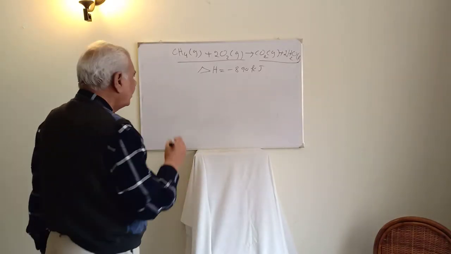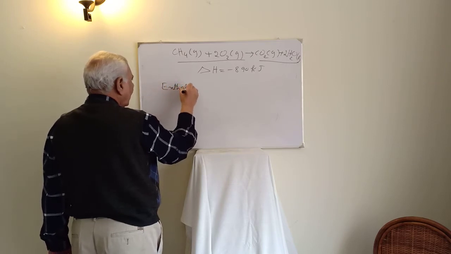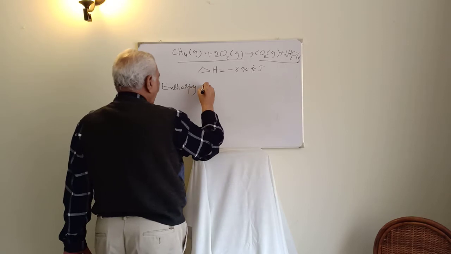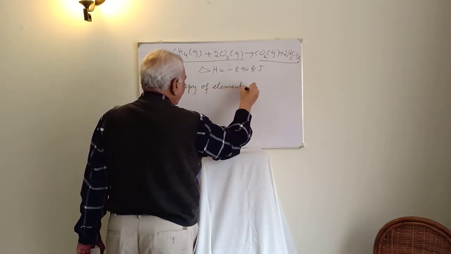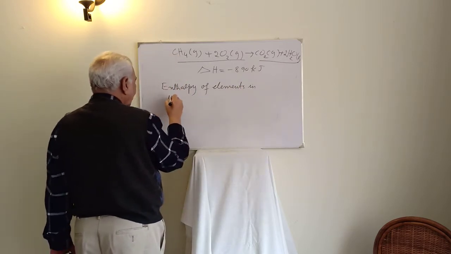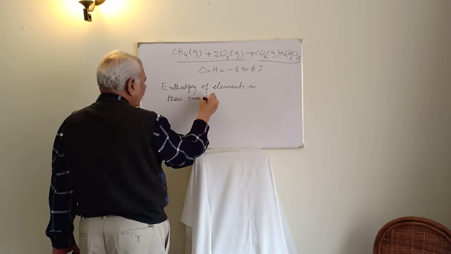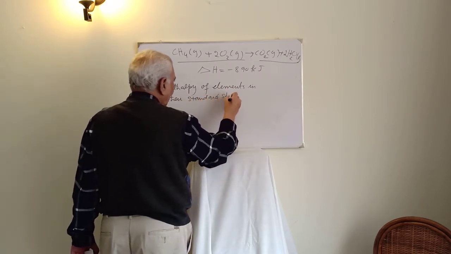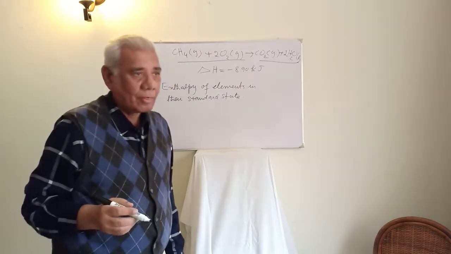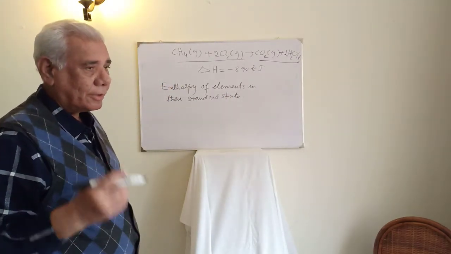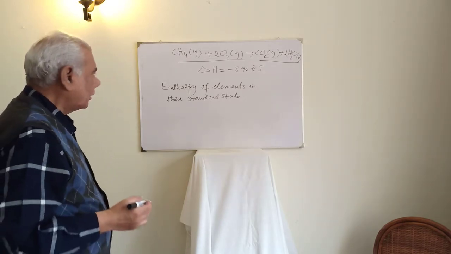So now, the enthalpy of elements in the standard state. What is the enthalpy of an element in the standard state? That is at a pressure of 1 atmosphere at 25 degrees centigrade.